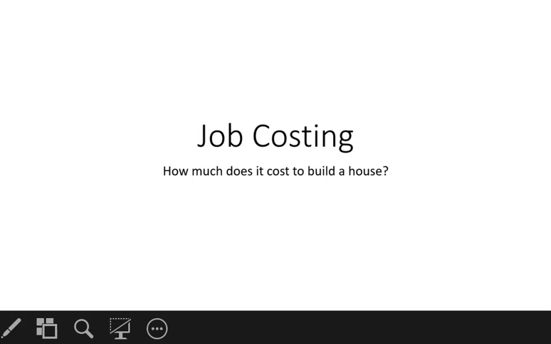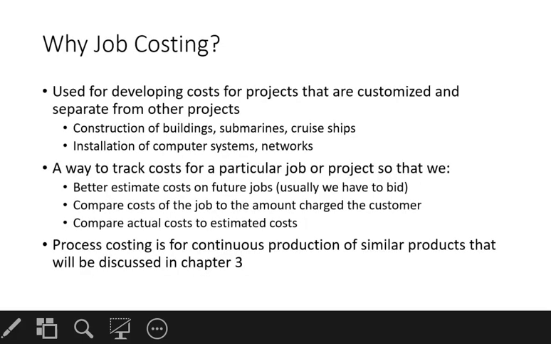So we're going to start with job costing, all right? And when do we use this? When are you going to see this? Or why do we use job costing? It's for developing the cost for projects that are customized, meaning different for each customer. So if a customer comes to you and says, I want my house built in a particular way, that's a customized house.